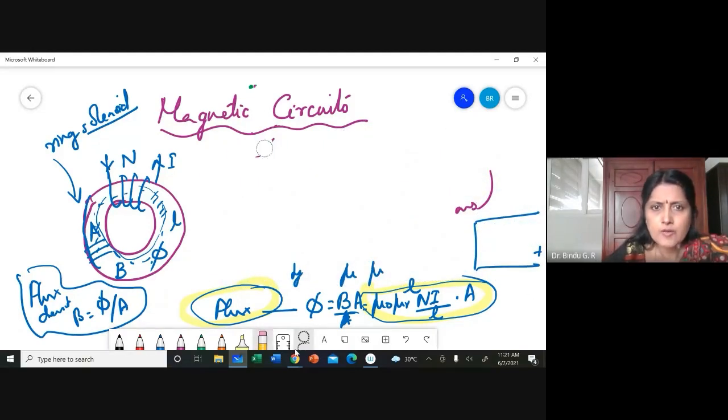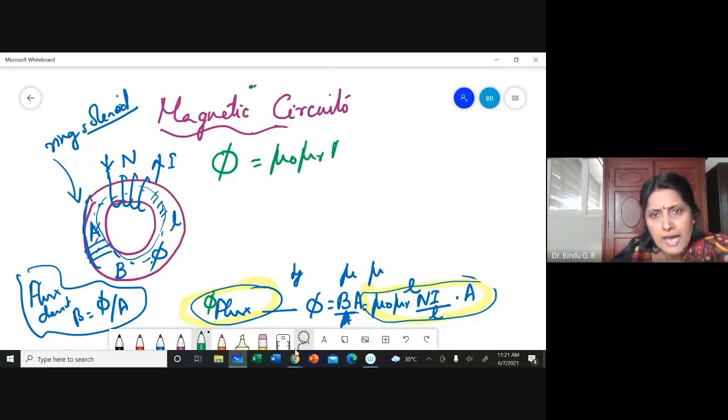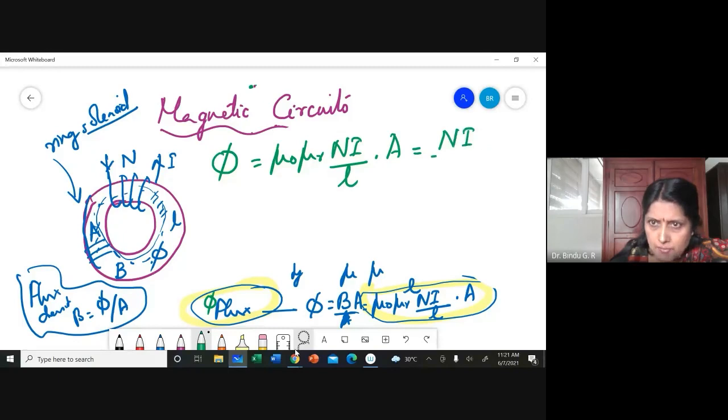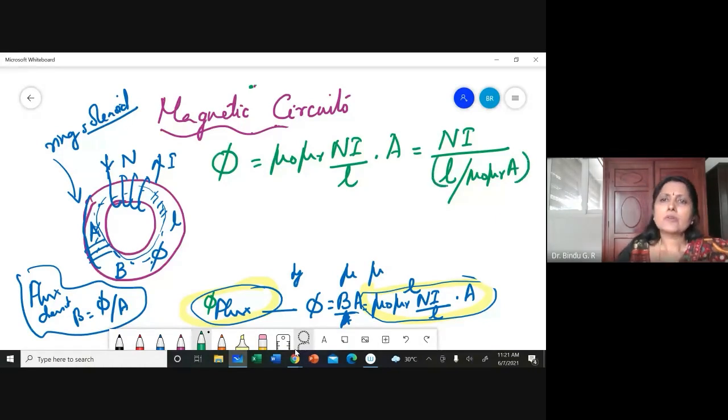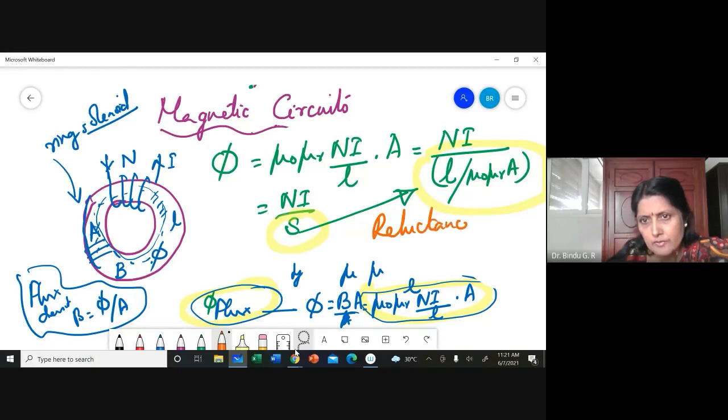So what I have got is flux phi is equal to mu 0 mu r Ni by L into A. I'm going to rearrange the terms so that I get Ni divided by L by mu 0 mu r A, or Ni by S, where S is equal to L by mu 0 mu r A, is called the reluctance of the magnetic path.